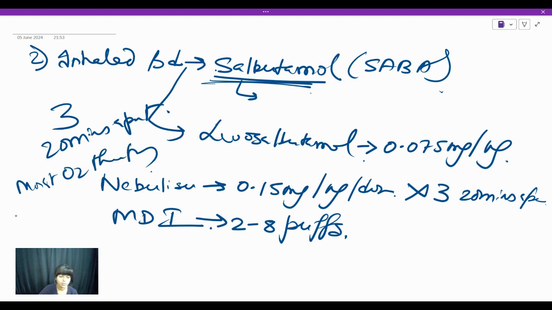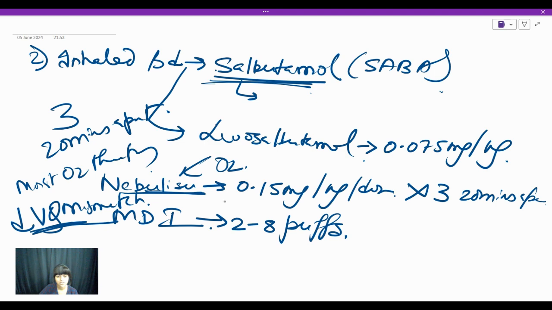Why? Otherwise you will land up in VQ mismatch, that is ventilation perfusion mismatch. So if the child is getting nebulization, you have to add oxygen to it.